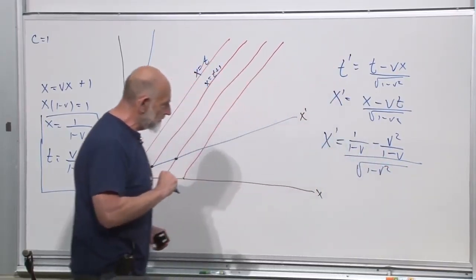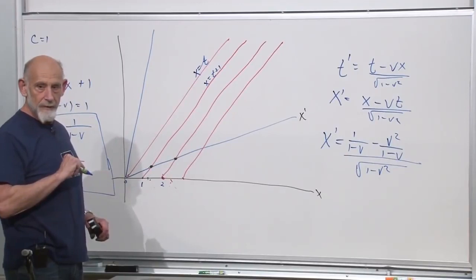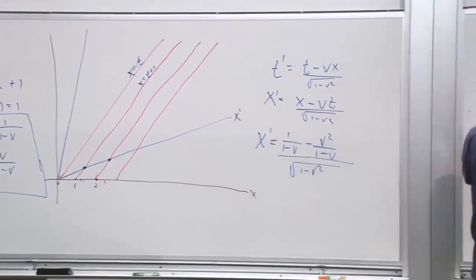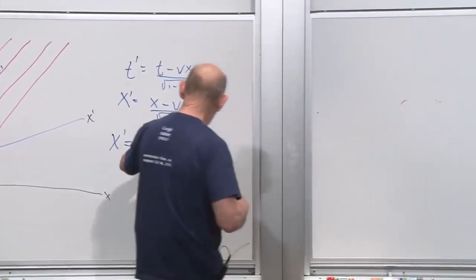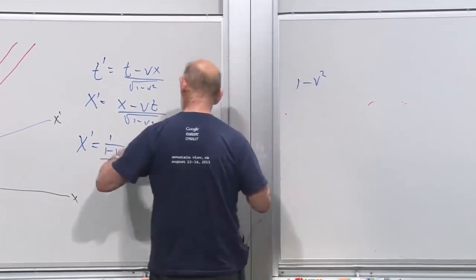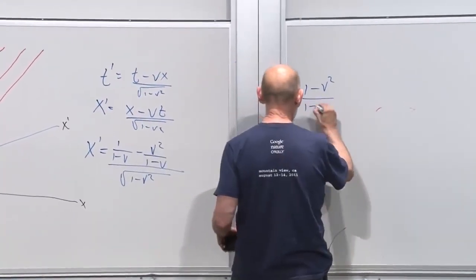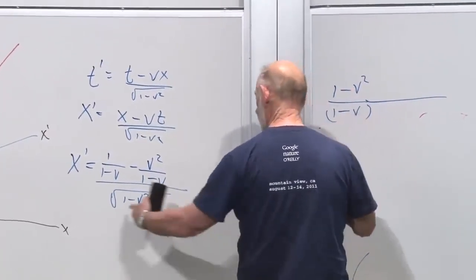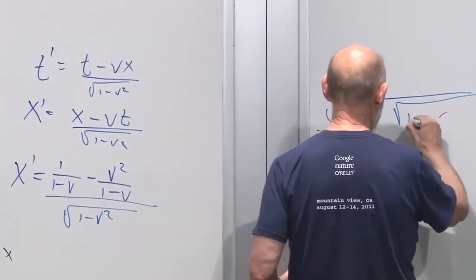Did I do that right? I think so. Okay, so let's see if we can simplify it now. We have 1 minus v squared divided by 1 minus v, and also in the denominator, I also have square root of 1 minus v squared.